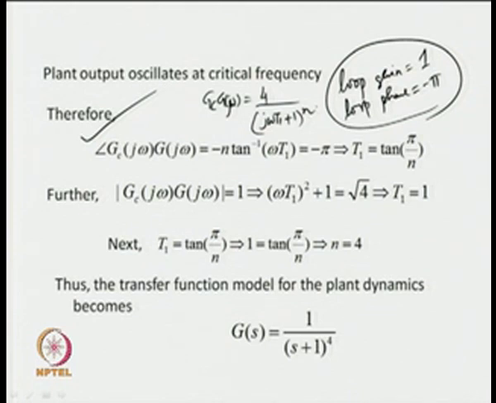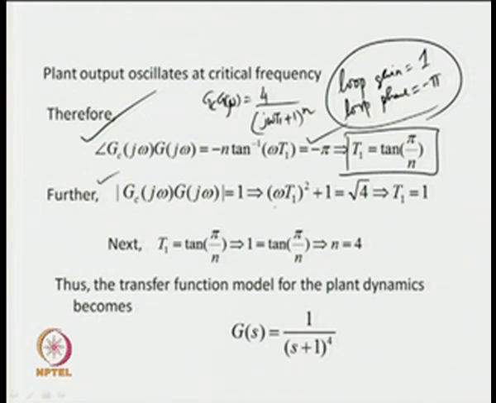So, using this, the phase angle is found to be minus n tan inverse omega T1 and the loop phase is equal to minus pi, which gives us an expression T1 is equal to tan(pi by n) divided by omega, but omega is equal to 1. Therefore, we have written the expression for T1 as tan(pi upon n). Further, the loop gain is equal to 1.